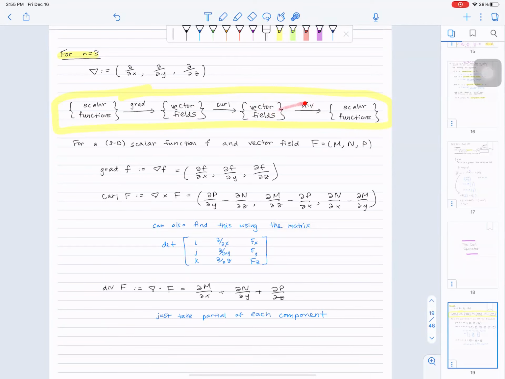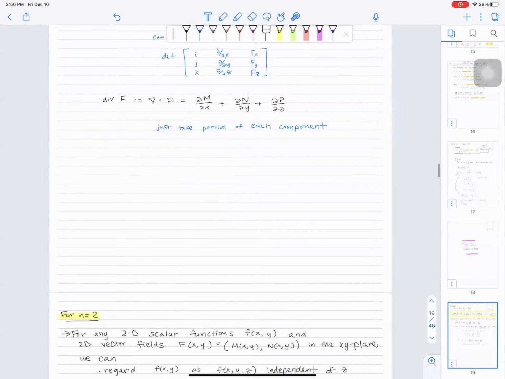Divergence takes that vector field and gives you a scalar function. You have the gradient, which is a vector. Curl, you also get a vector, which looks like the component test, essentially. And divergence gives you a scalar because you're adding things.